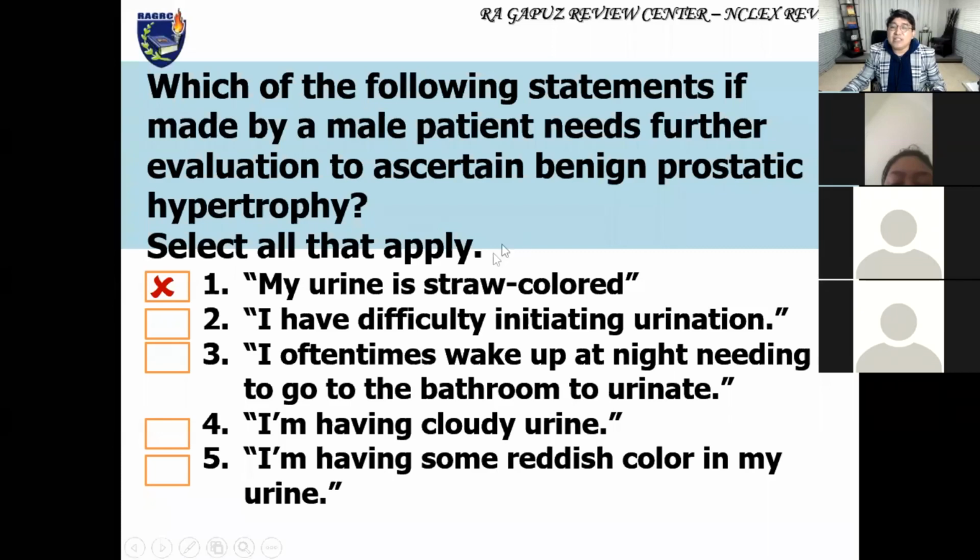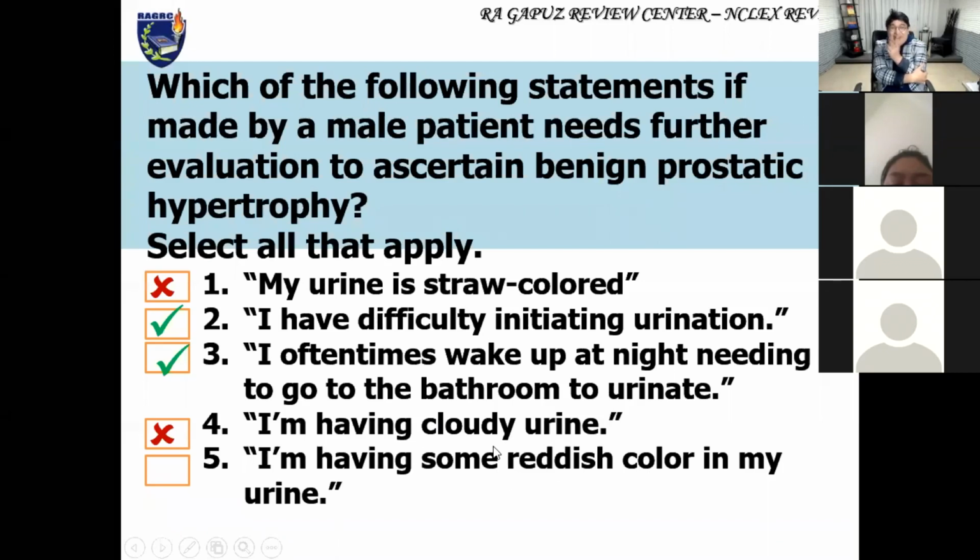I have difficulty initiating urination. Okay, this could be indicative of BPH. I oftentimes wake up at night needing to go to the bathroom to urinate. That's nocturia, yes, okay? I'm having cloudy urine. A cloudy urine could indicate a urinary tract infection. That's not a sign.